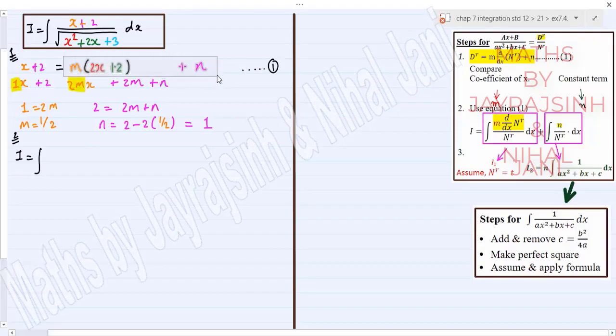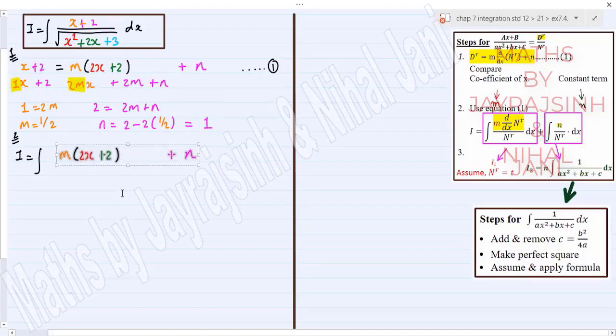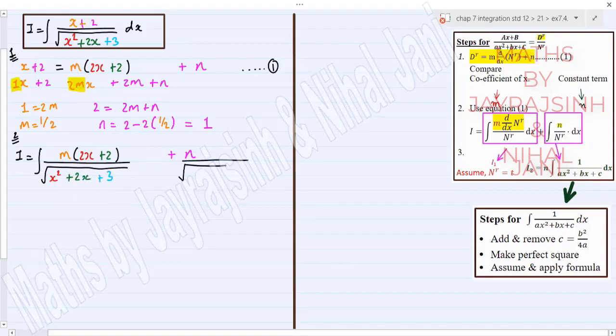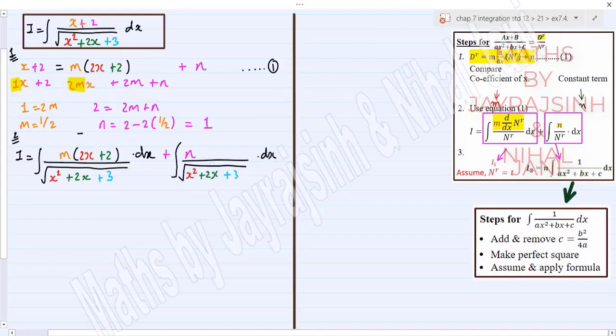So let's get our first equation and give individual denominator. Now let's consider first term as I1 and second term as I2. So let's try to integrate one by one.